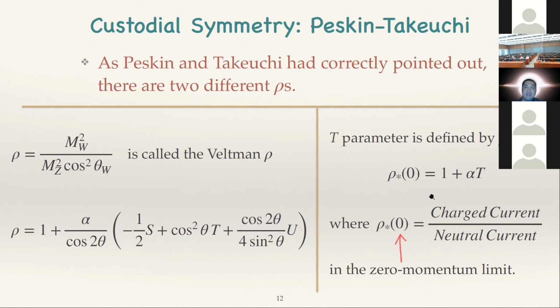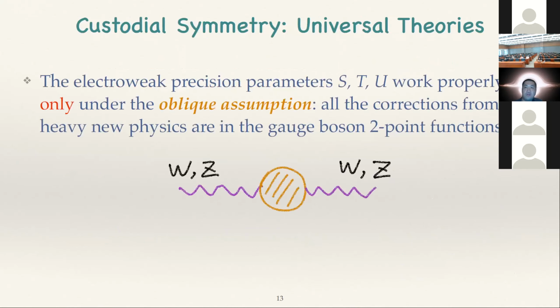Okay, let's see. The electroweak precision parameters S, T, U, proposed by Peskin and Takeuchi originally, work properly only under the oblique assumption. That's how they should be used properly. All the corrections from heavy new physics are in the gauge boson two-point functions.